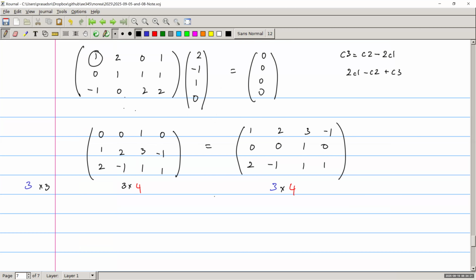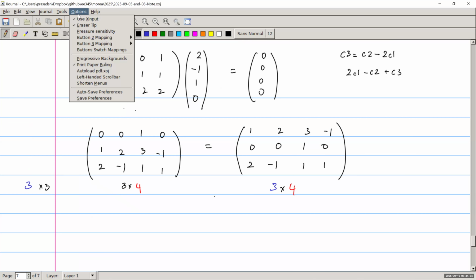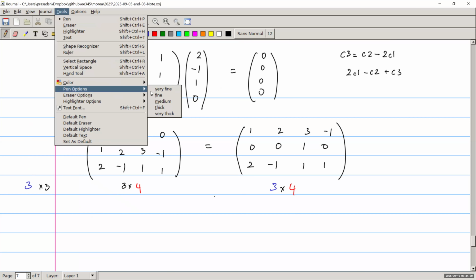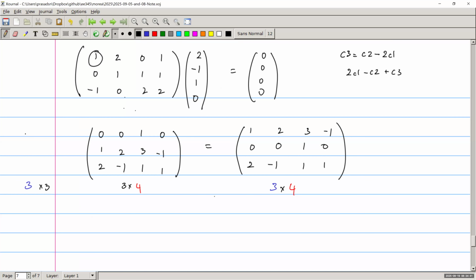Okay, now what is this 3 by 3 matrix? Because this is a 3 by 3 matrix, it tracks 3 different linear combinations, one for each row of the product. The first row of the product is 1, 2, 3, minus 1.